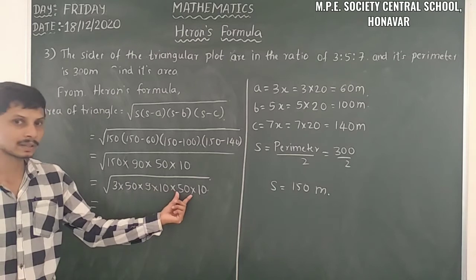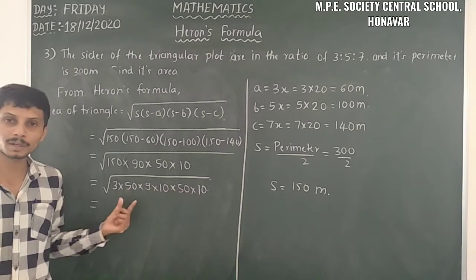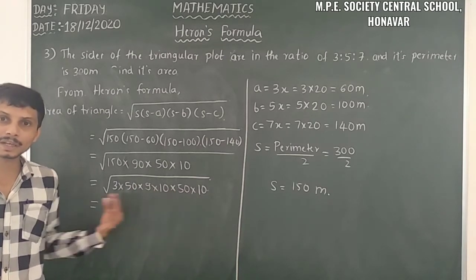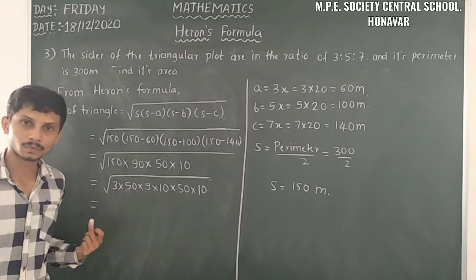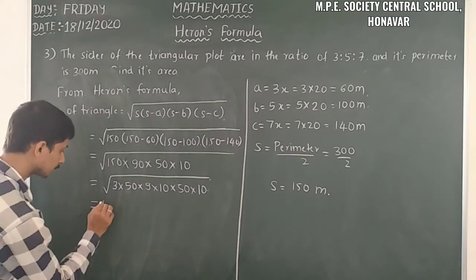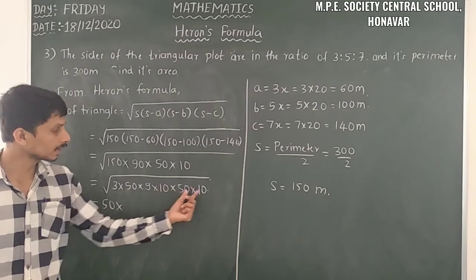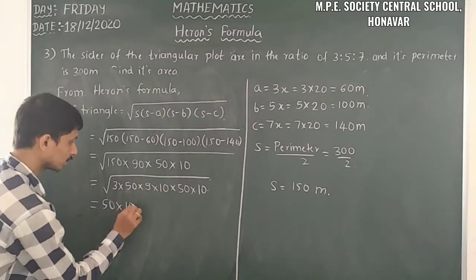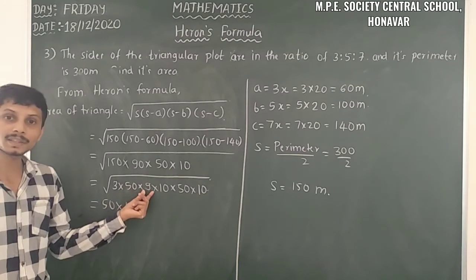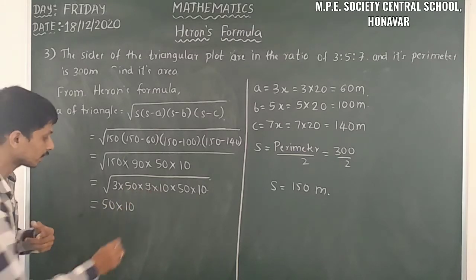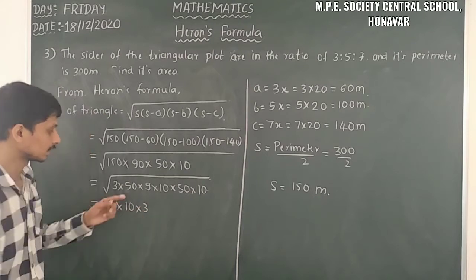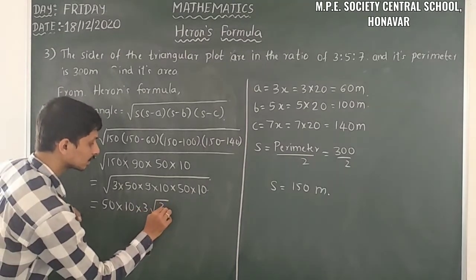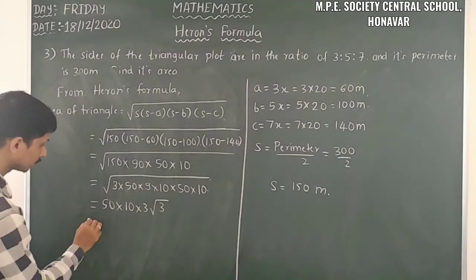Identical terms are multiplied twice, so we can take out one 50. Here we have 10 also two times, so we can take out 10 squared. What remains is 9, a perfect square, so we can take out 3. And in the bracket we have only 3.